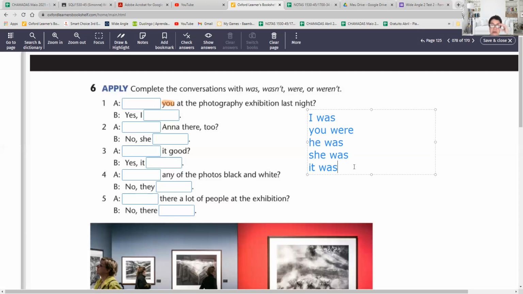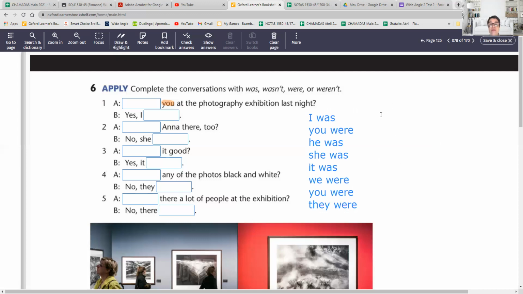Was, okay? Then first person plural, we were. Second person plural, you were. And then finally, they were. That is the affirmative form.